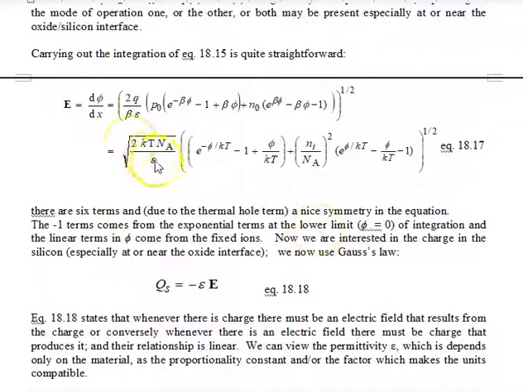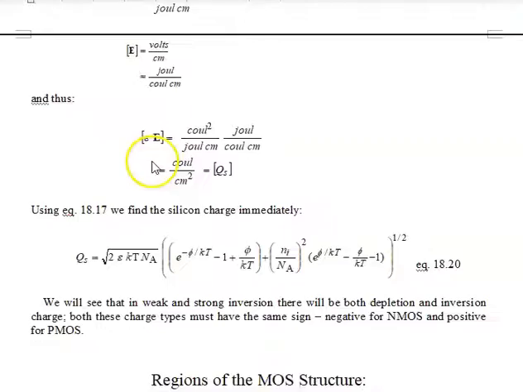Up here, there's an epsilon, which flips up into the numerator, and that is an expression. Again, 6 terms. Haven't changed the number of terms, haven't changed the terms. All I did by using Gauss's law was to change the units of the coefficient.